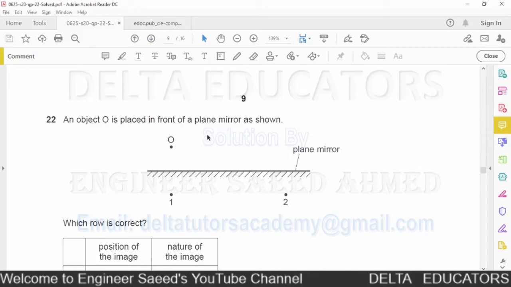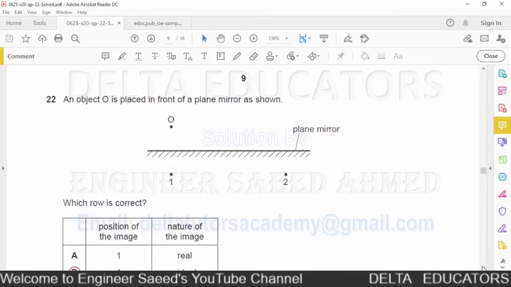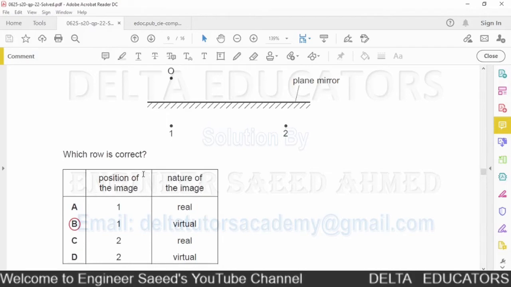Next question. Question number 22. An object O is placed in front of a plane mirror as shown. Which row is correct? Here we have two columns. In the first column, the position of the image, and in the second column, the nature of the image is given.